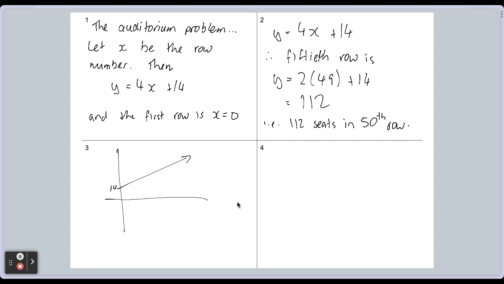But now I've got to go for 4 times 49, which is 196 plus 14, 210? No, that can't be right. Okay, 210 seats in the 50th row. Okay, sorry about that mistake. Thank you, Iris, for picking it up. So apart from that, the rest of what I said stands.